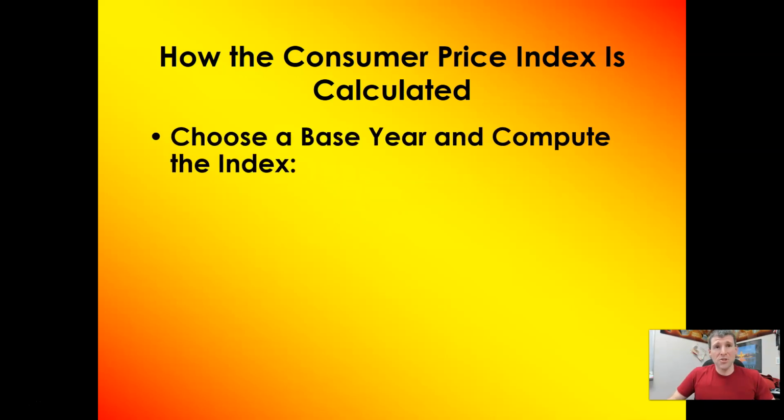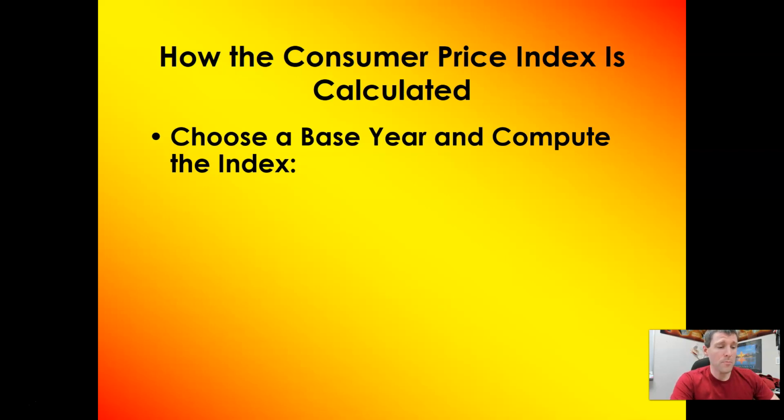Okay? So in order to find the price index, you have yourself a base year. A base year is going to be the year against which you compare all the other years. So let's say we're going to use 2015 as our base year.